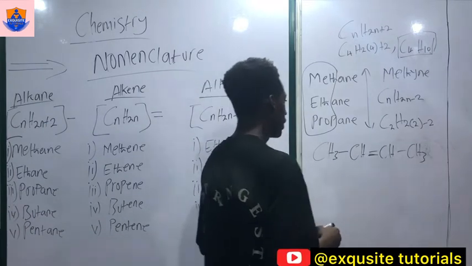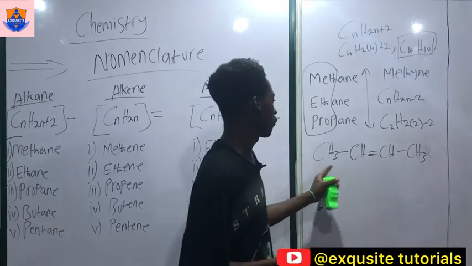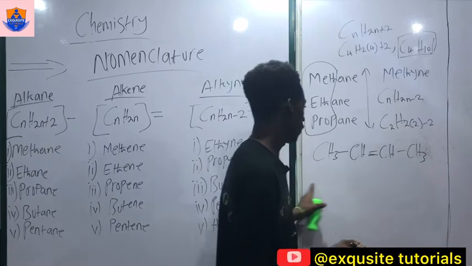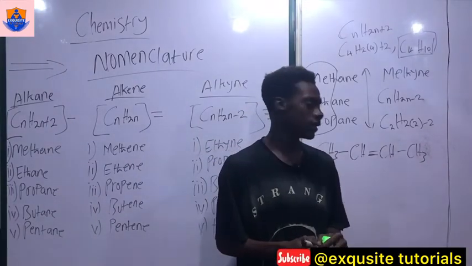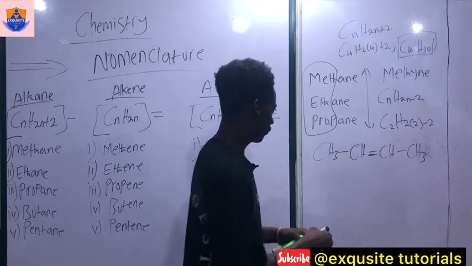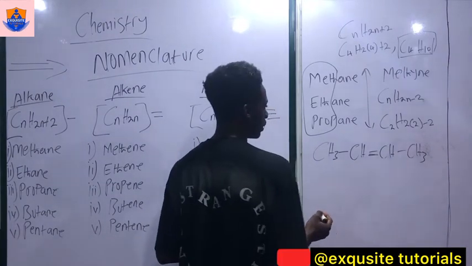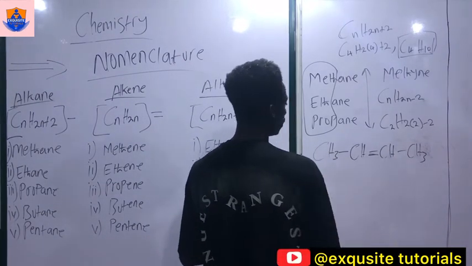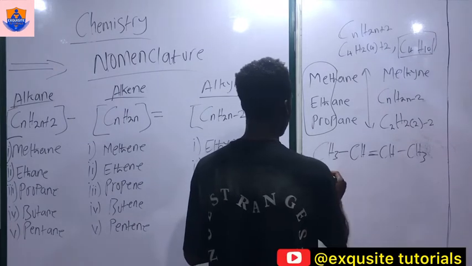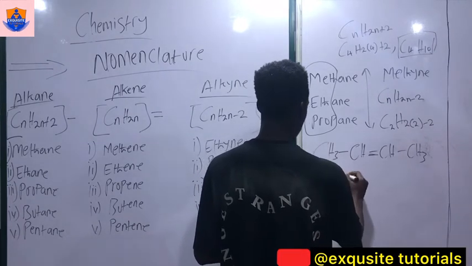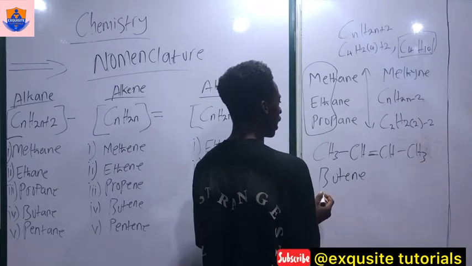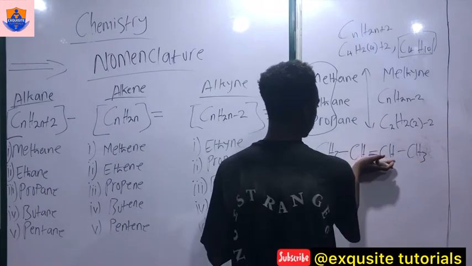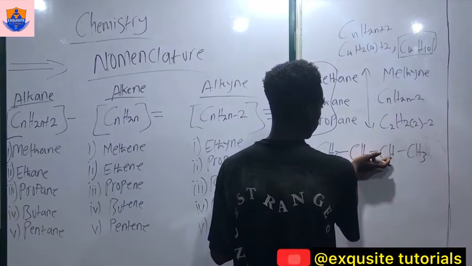Now, this has obviously changed from the alkane to the alkenes. All right. So now, how do we name this? This is supposed to be called butene. But now the bond is at the center part of the compound.